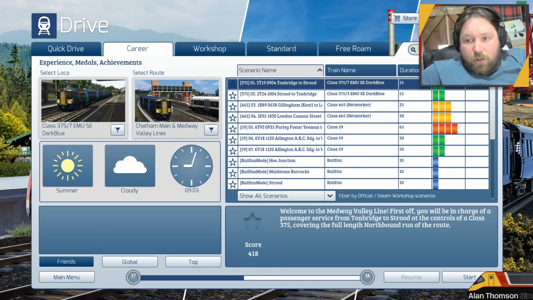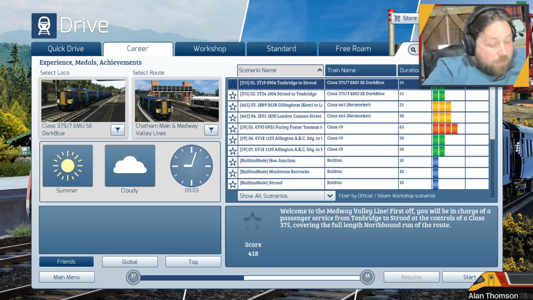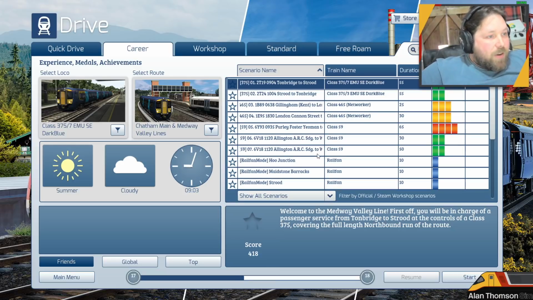So let me just write me a little text document so I don't forget. So that was West Coast Mainline South: 01:46.01. I've been very specific here, very specific.